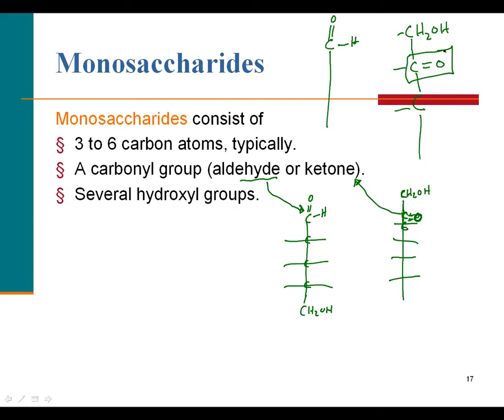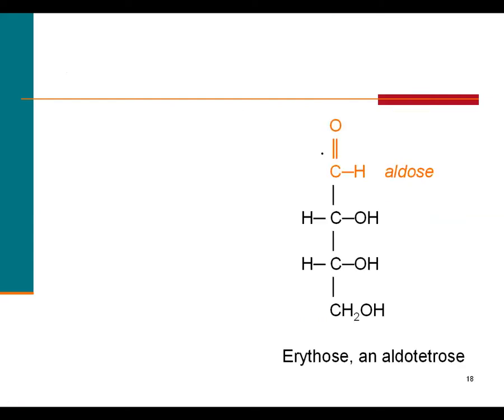So it will follow similarly to organic chemistry. The aldehyde group is always going to be at the end. The ketone group, in terms of carbohydrates, will usually have the carbon-oxygen double bond one in from the end.